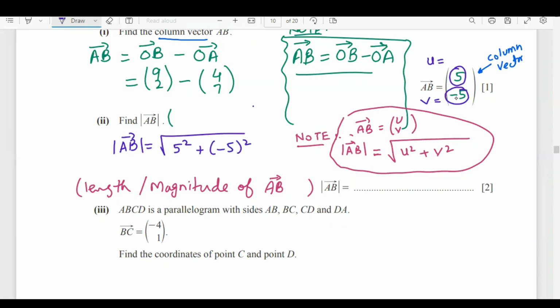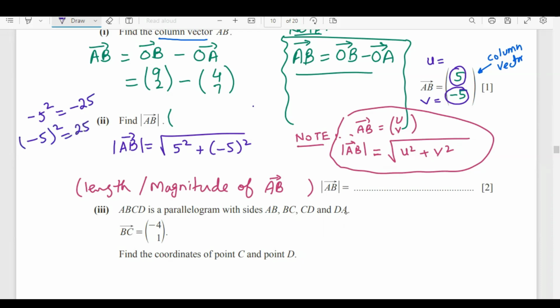This is paper 2, so you can use a calculator. The value will be the square root of 5 squared plus minus 5 squared. Be careful: minus 5 squared on its own would give minus 25, but minus 5 whole squared equals plus 25.